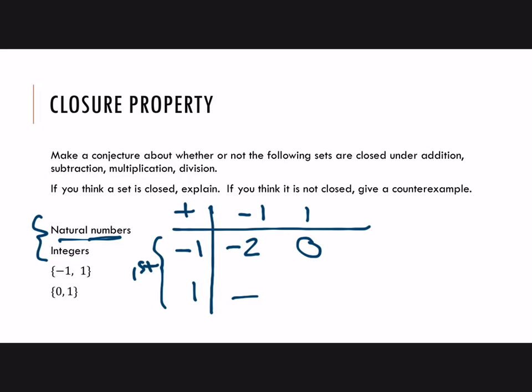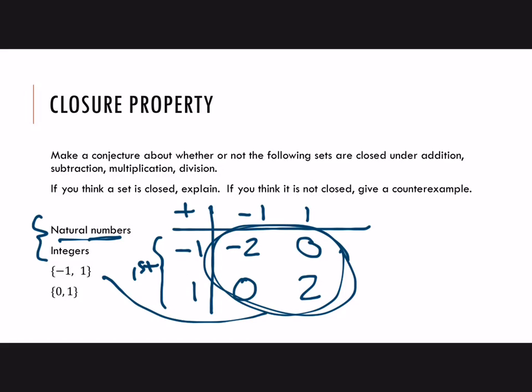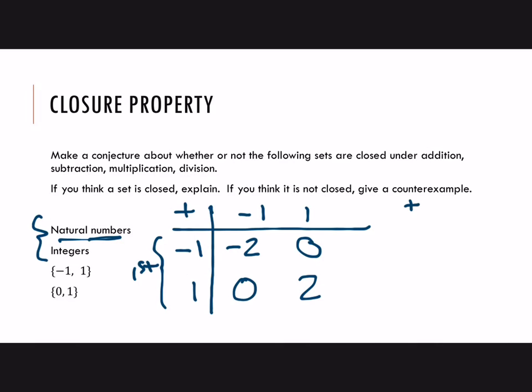All right, down here is 1 plus -1, and here is 1 plus 1. All right, now to decide if this is closed, once you've filled out the table, you just look at the answers in the middle, and you see if the answers belong to the original set or if you see anything that's different. So here actually not all of the answers belong to the set, so this set is not closed under addition.